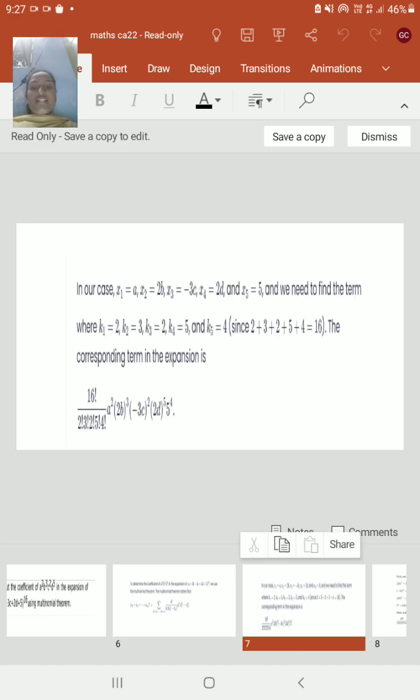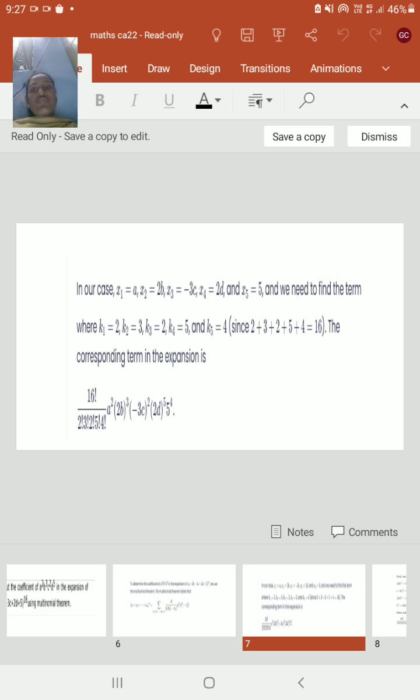So x1 equals a, x2 is equal to 2b, x3 is equal to minus 3c, x4 is equal to 2d, and x5 is equal to 5. Now we need to find the term where k1 equals 2, k2 equals 3, k3 equals 2, k4 equals 5, and k5 equals 4.